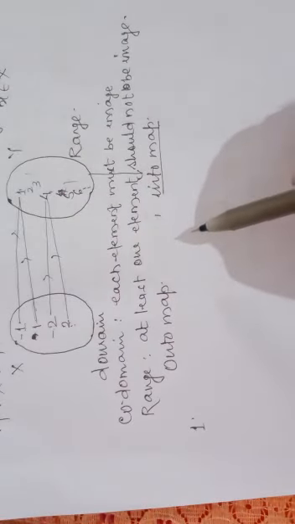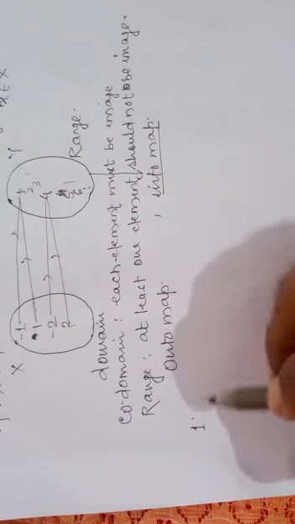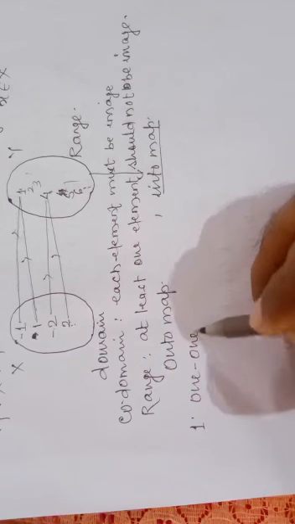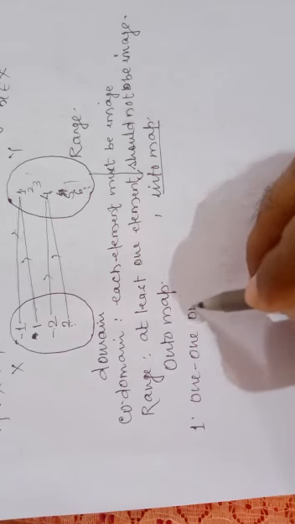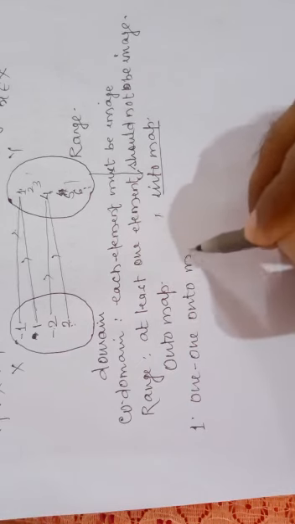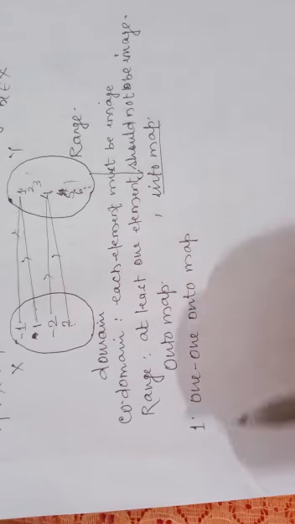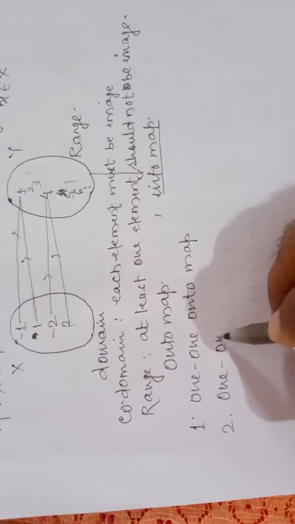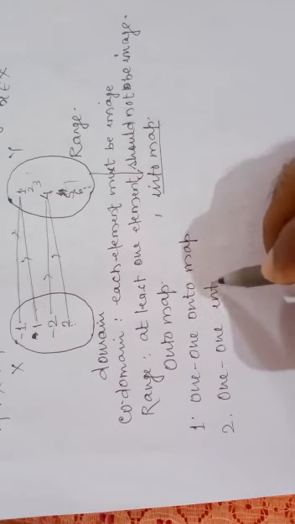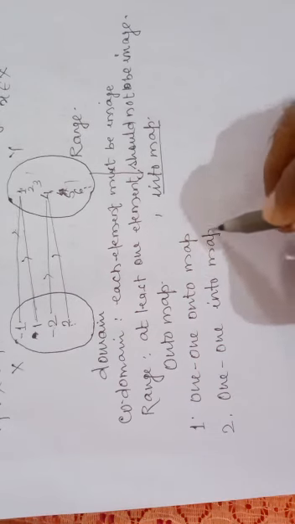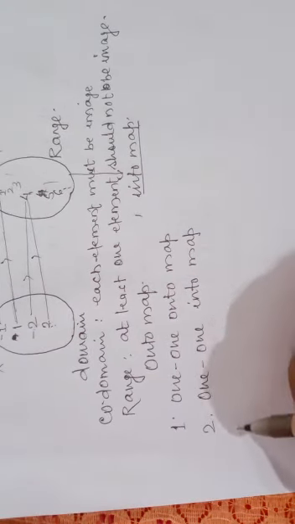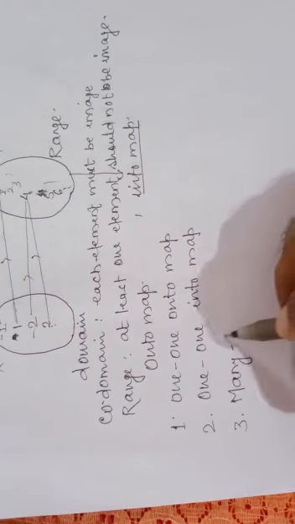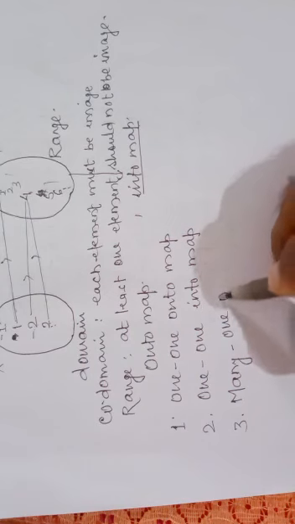Now see, what are the different types? The first type of map is 1-1 onto map. Second one is 1-1 into map. Third is many-one onto map.